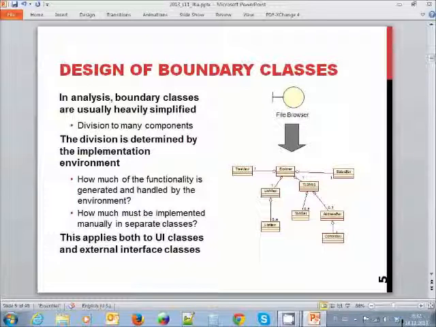Like in this example where we have a file browser boundary. It could be something that any user uses, or something that customers use, but still it includes all the things, for example, from the Windows user interface: the Explorer window, which has a status bar, a tree view for the files and folders, and stuff like that.